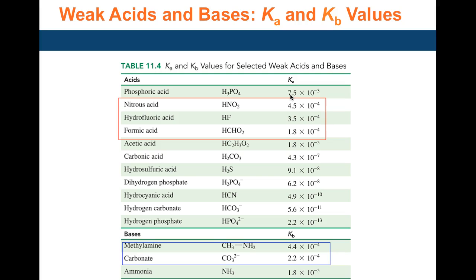It breaks up the most. Now in the bases, if you look at the numbers, you have methylamine, carbonate and ammonia. Among these three, ammonia is the weakest of the three bases listed, and then methylamine with 4.4 times 10 power negative 4 is the strongest among these three.